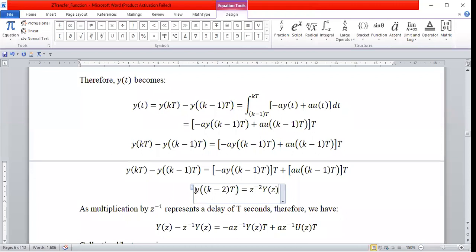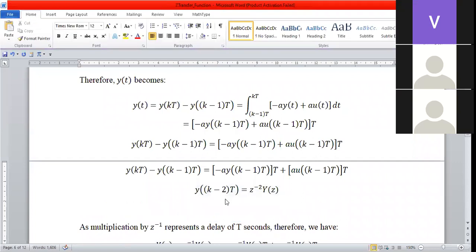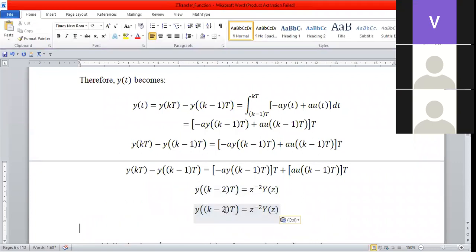So that's how we do the z transform. If you want to do the z transform of k minus 3, instead of 2 you have 3, then the z transform is given by z raised to the power minus 3 y of z.